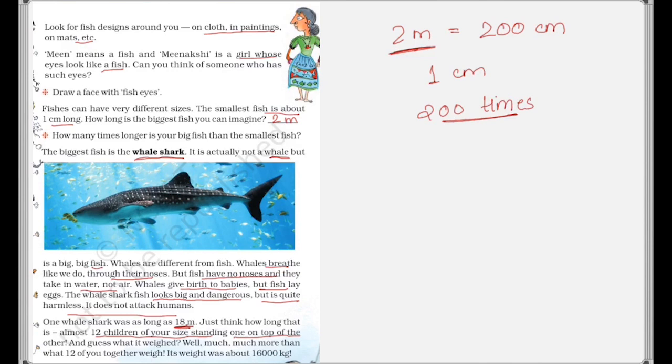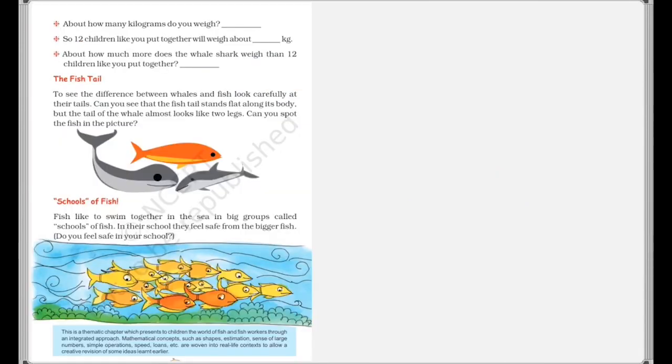Can you guess how much was the weight of it? Okay, well, much more than what 12 of you together weigh. Its weight was about 16,000 kilograms. Imagine 16,000 kilograms. Okay, so about how many kilograms do you weigh?